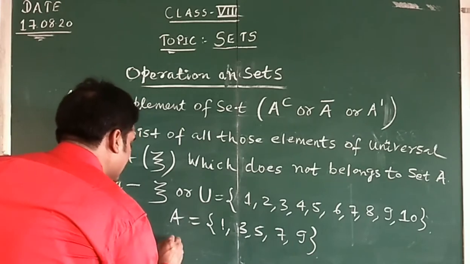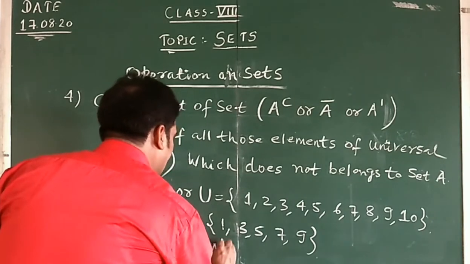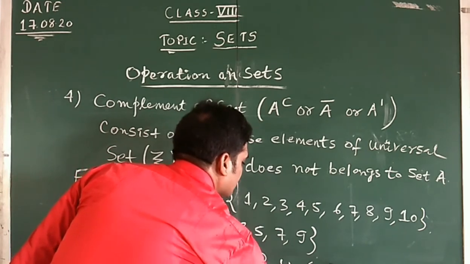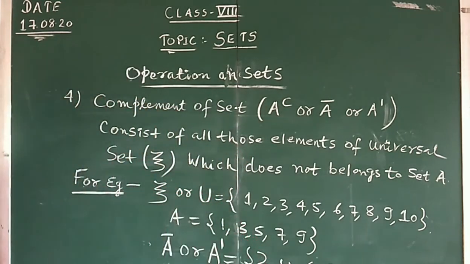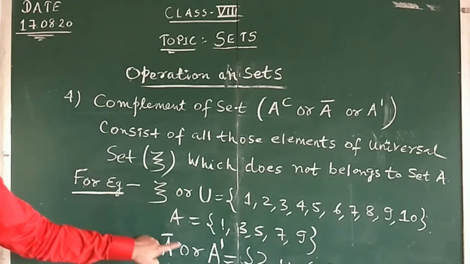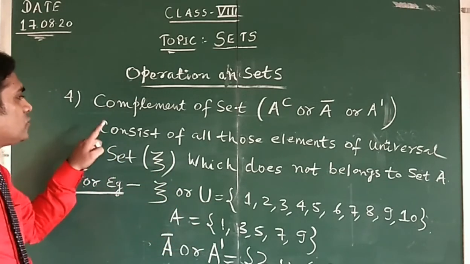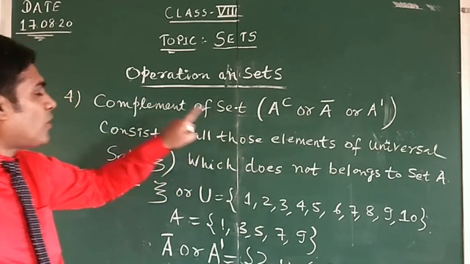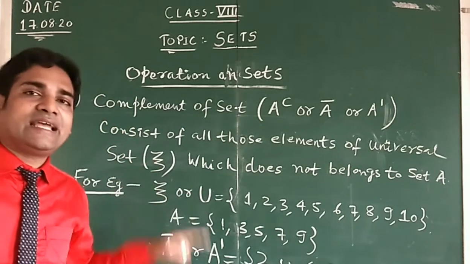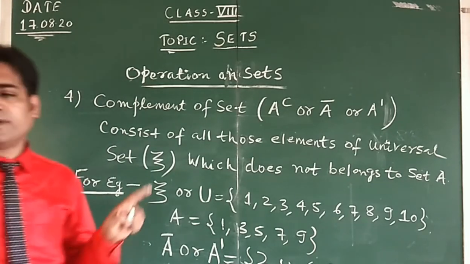So A complement is 2, 4, 6, 8, 10. That means all those elements of the universal set which are not found in set A form the complement of A.